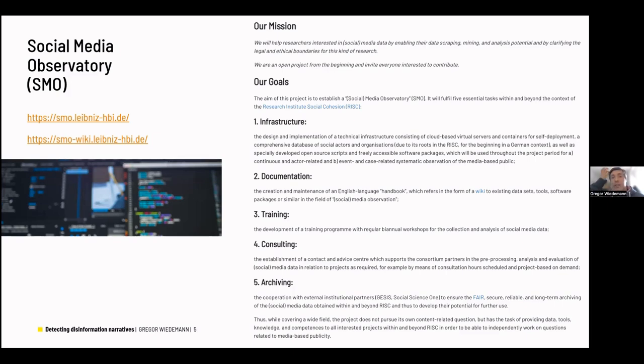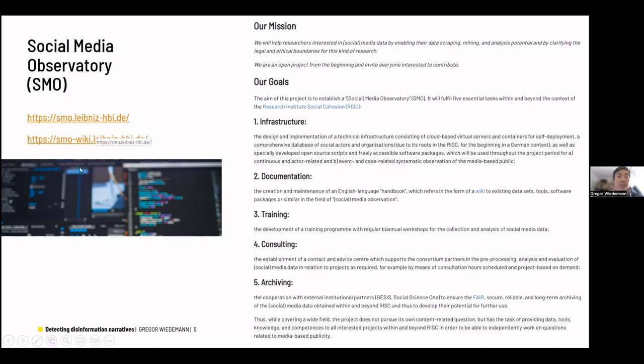The second part besides this infrastructure is documentation. We want to make sure that other researchers can replicate our methods and do their collections on their own. We also provide training for this and consulting for other projects. Last but not least, we have some steps of archiving of social media data together with our partner GESIS, where we want to make our data collections long-term accessible.